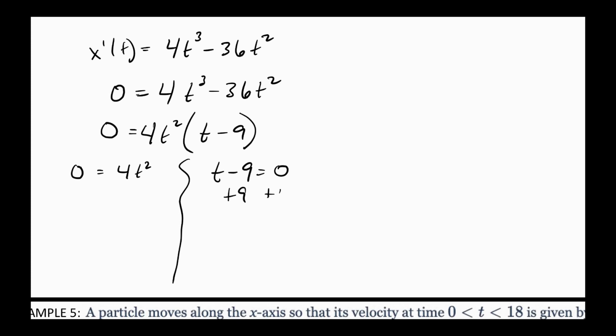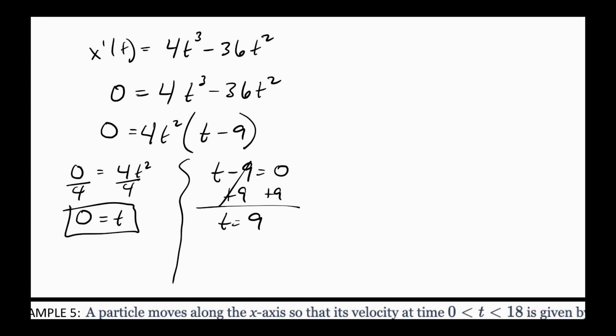Over here I'm going to get 9. Over here I'm going to divide by 4 and take the square root. You just get 0. So is 0 okay? Because it's greater than or equal to 0.